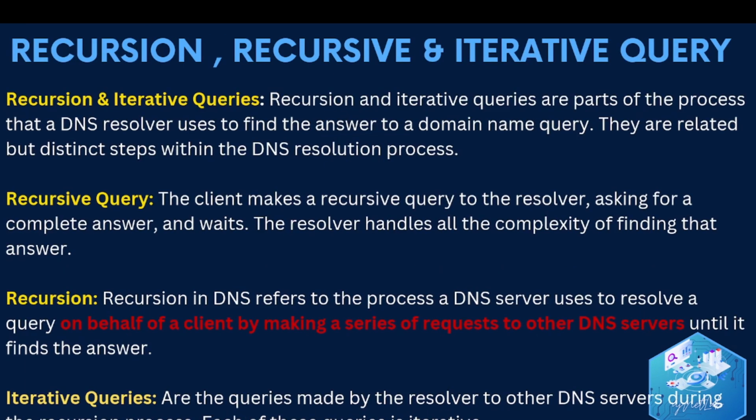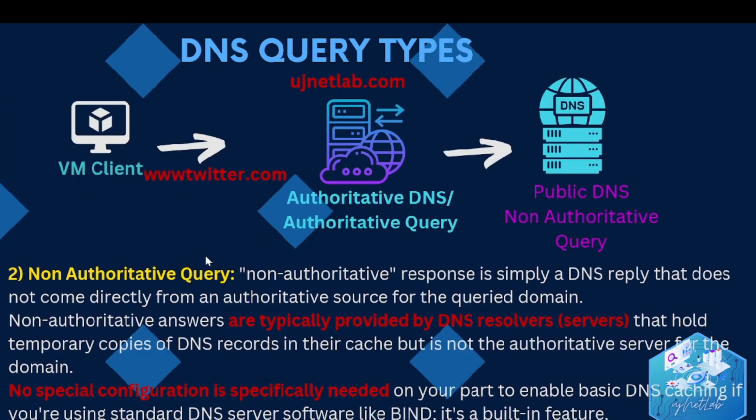That's why it's called a recursive query. The client asks the resolver for the complete answer and waits. The client doesn't care. He just types the URL, and then this Usenet server has to be a delegator.